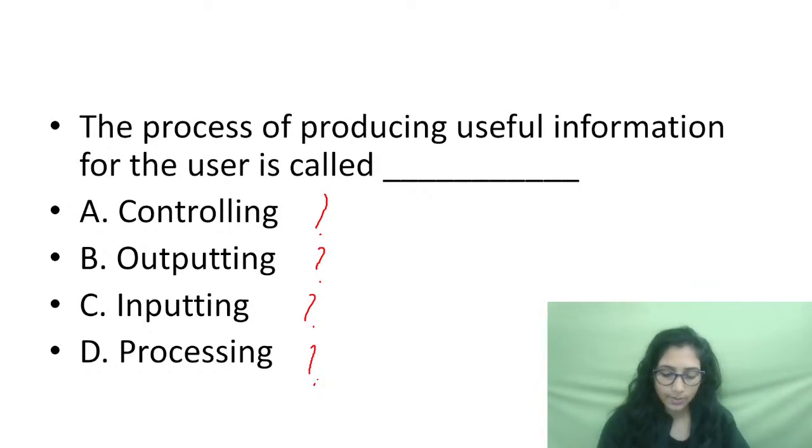The process by which useful data is produced, there is useful information which is available, and then that is processed. That is converted into useful data, that is known as the concept of processing. Both of you are absolutely correct. Let us move on to the next one.